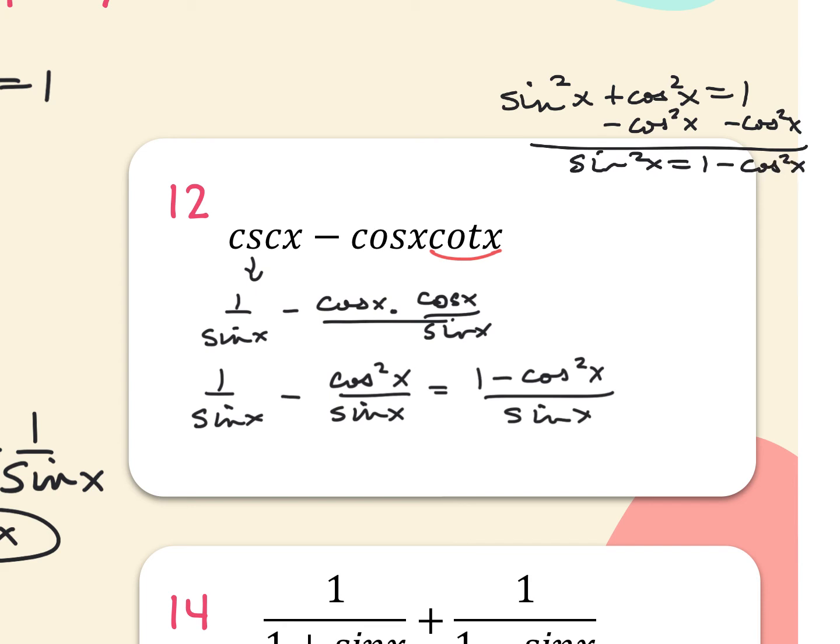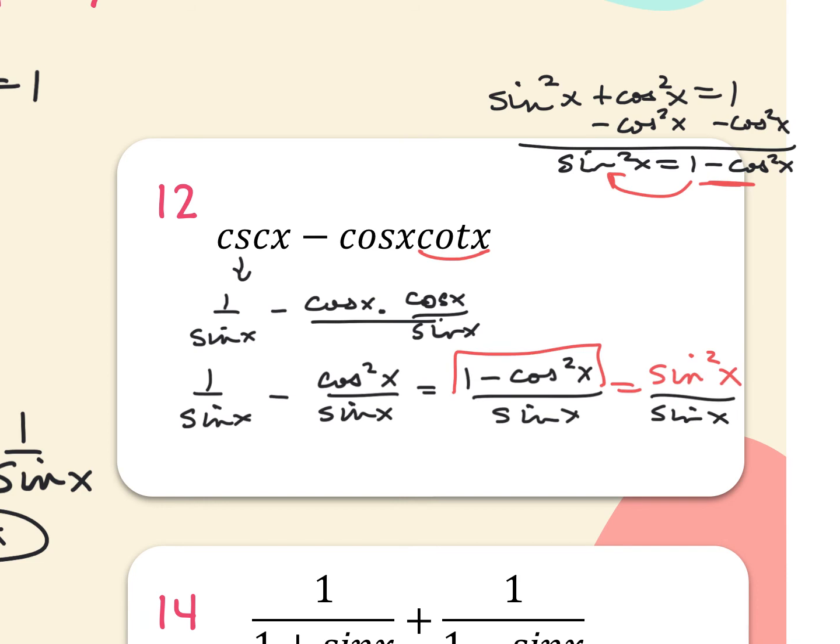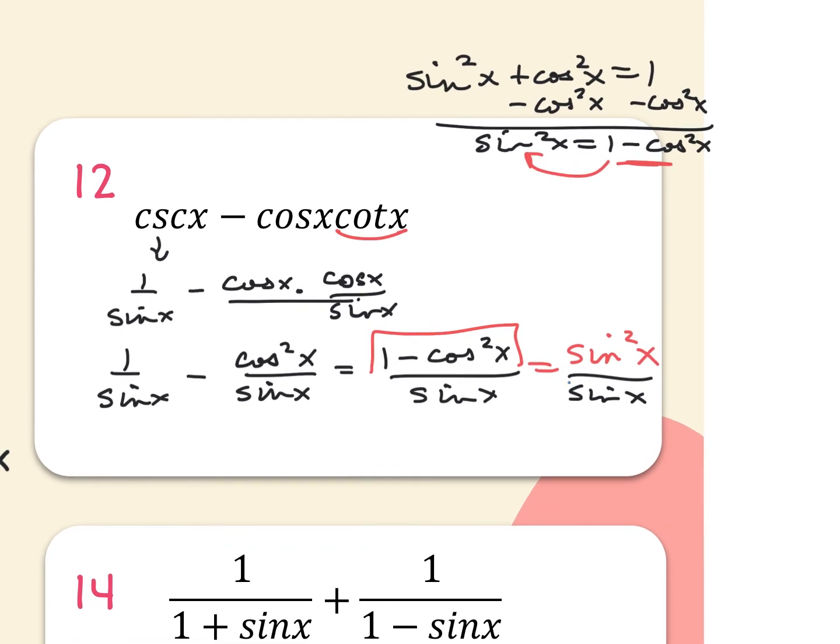And I'm going to do a substitution. So I'll take this out and put what this equals, which is sine squared x. I still have the single sine x in the denominator. And again, I can simplify, take away 1 from the exponent, leaving me with just sine x.